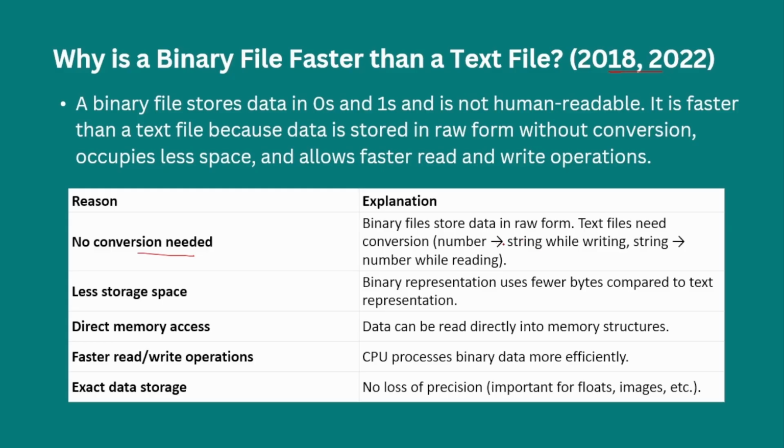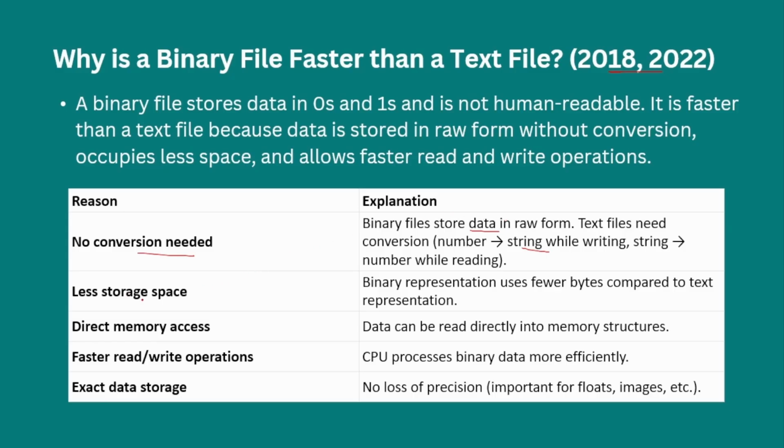We cannot write a number in a text file because it's written in a simple text format. So even a number is converted into string while writing, and then it has to be converted again into number while reading. So this conversion is required in text file. But on the other hand, in binary files, this conversion is not required. They store data in raw format.